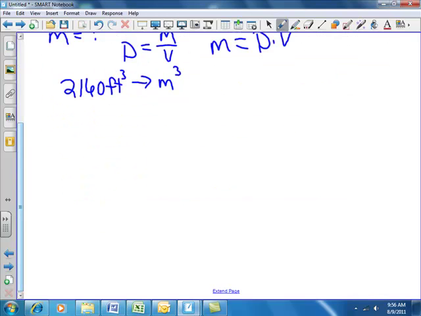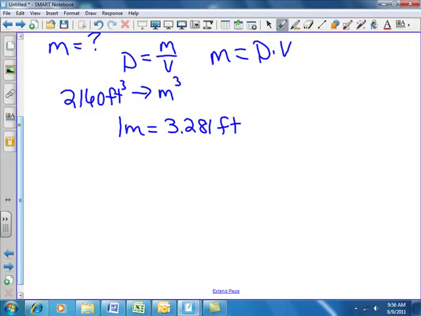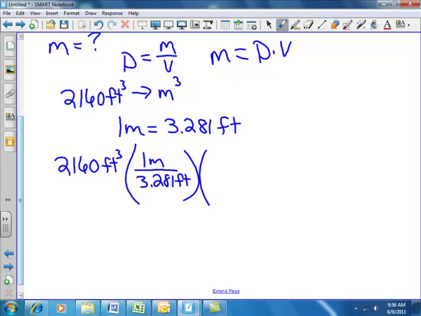Now, this is something we've done. You may need to look this up, but 1 meter is 3.281 feet. To make this conversion, I'm going to multiply 2,160 feet cubed by 1 meter over 3.281 feet, and I'm going to do that 3 times.